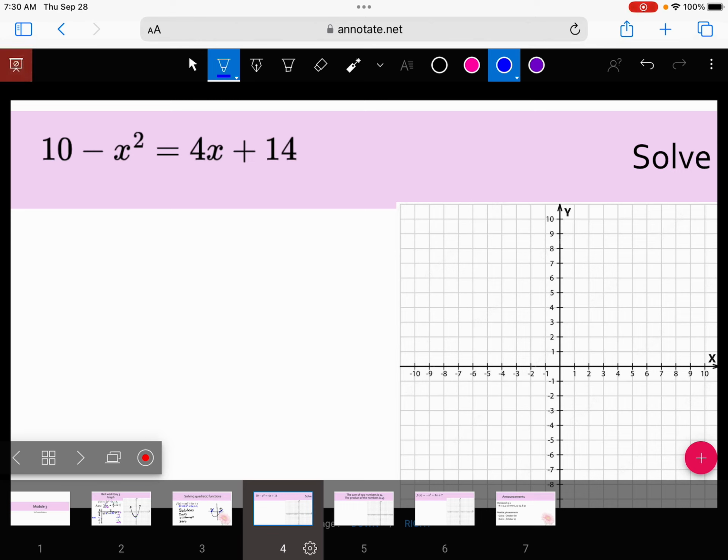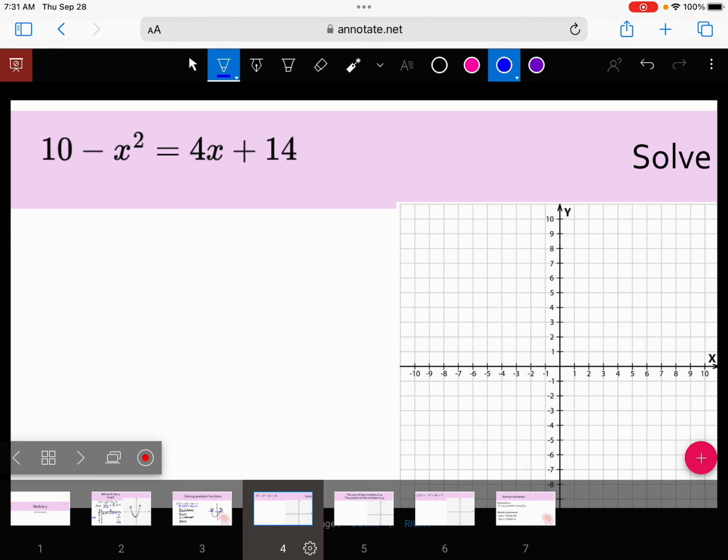So this is our first one, and they gave it to us in a really weird order. Not super helpful. So we're asked to find our solution, find our root, find our 0. So what we need to do first of all is get this thing in the right order so that I can actually graph it, which means I want my ax squared plus bx plus c.